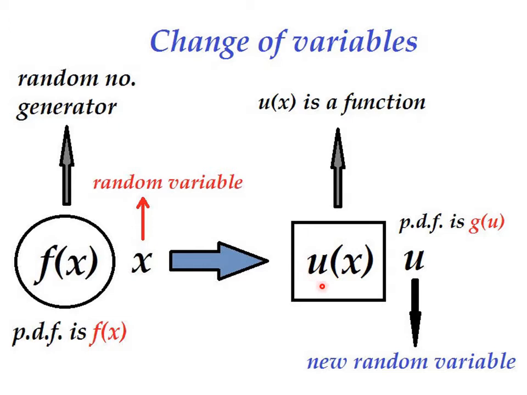It is a random variable created from our original random variable by placing it as a dependent variable into a function. Now, this new function u of x could again be a random number generator within a computer program, or it could be a natural stochastic process.